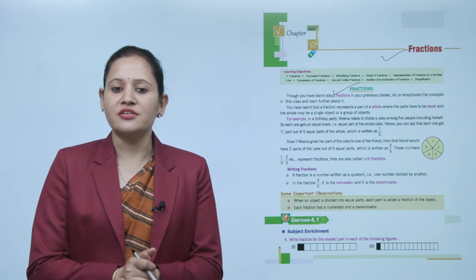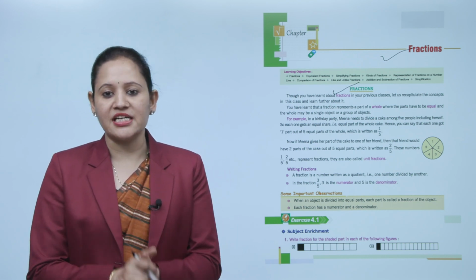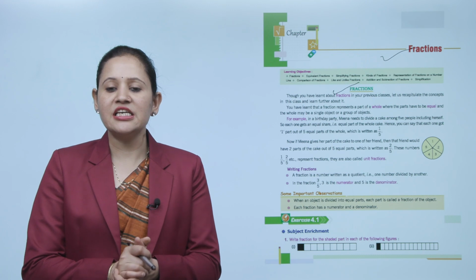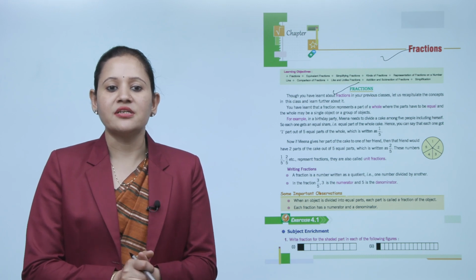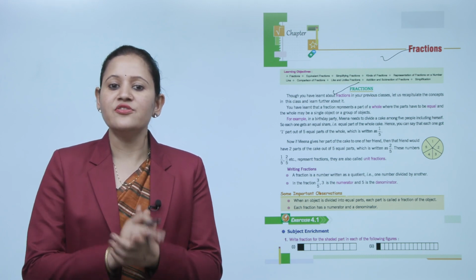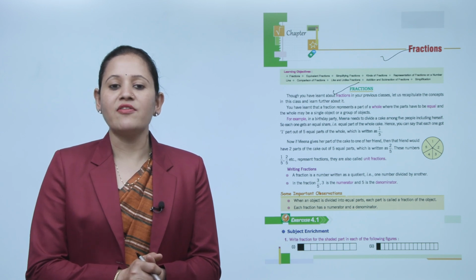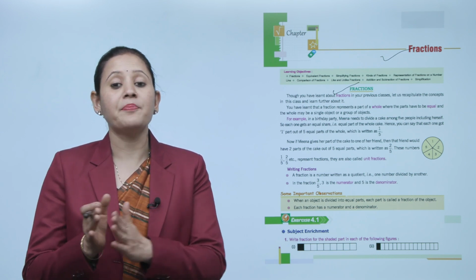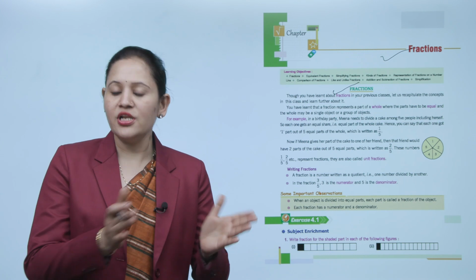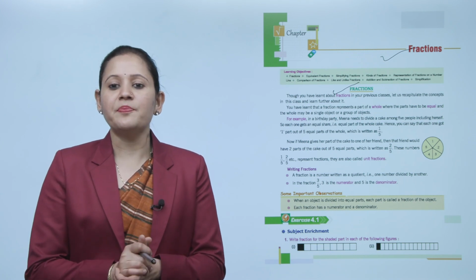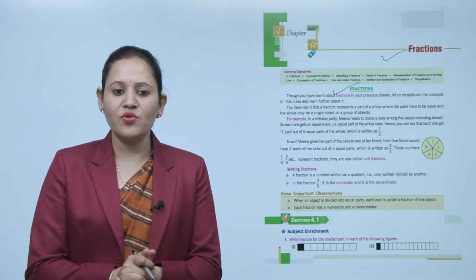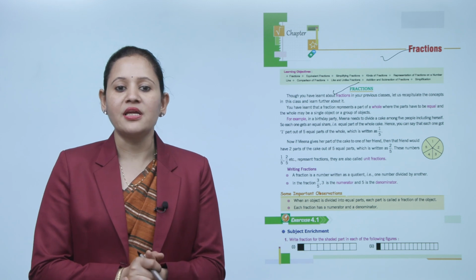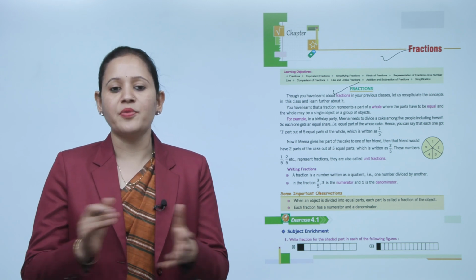Though you have learned about fractions in your previous classes, let us recapitulate the concept in this class and learn further about it. You have learned that fractions represent a part of a whole. A part of a whole is called a fraction, where the parts have to be equal and the whole may be a single object or a group of objects.